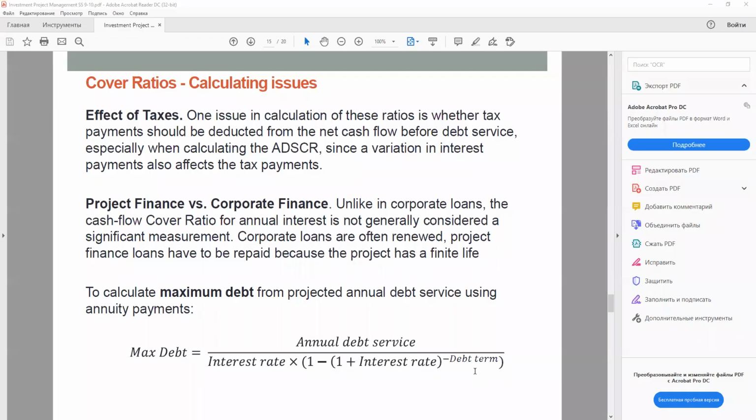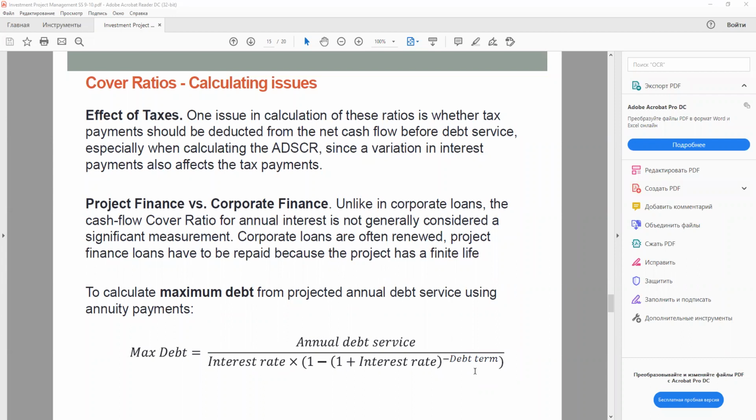Let us discuss some issues in calculating these cover ratios. One of them is taxes, and the issue is whether tax payments should be deducted from the net cash flow before debt service, especially when calculating the ADSR, since a variation in interest payments also affects the tax payments.